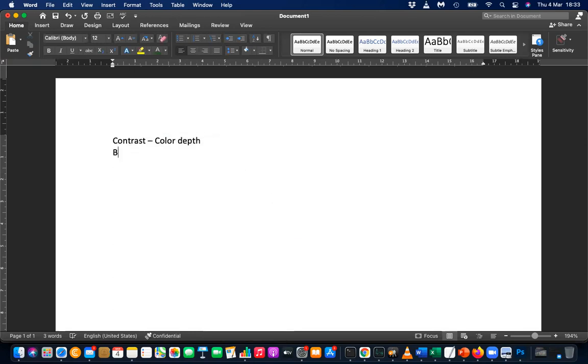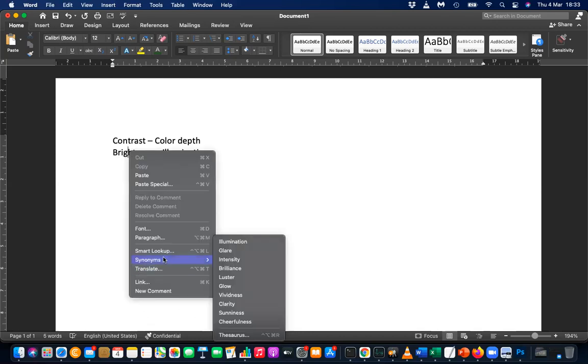Then brightness. Brightness means illumination, or you can say glare, lightness, right?